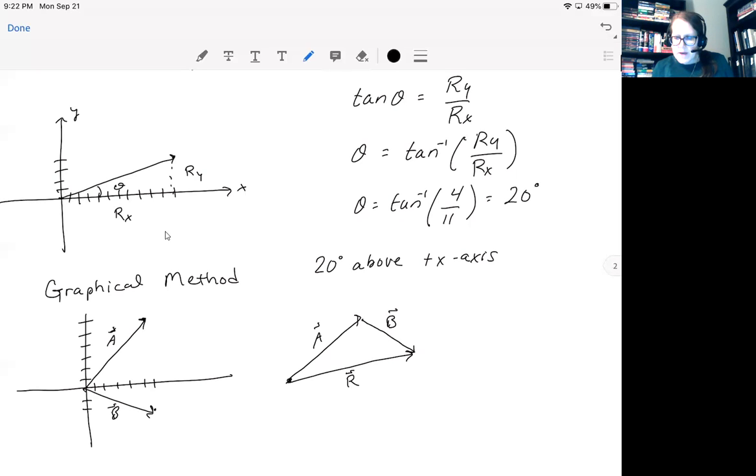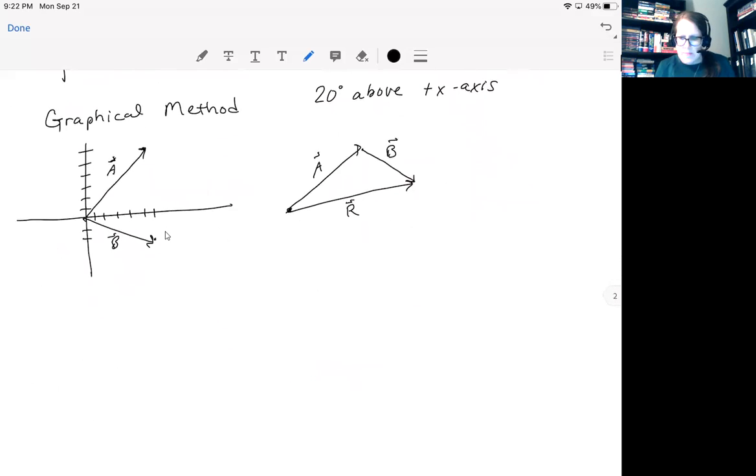All right, so if you have something that's at maybe a different angle or a different quadrant, maybe you have A going off to the left. And then you had a B going up into the right, something like this.